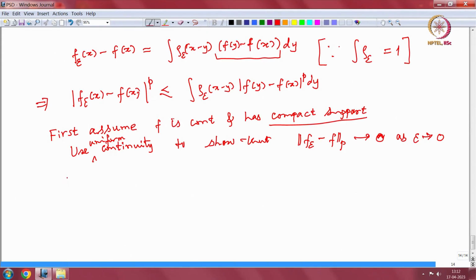The general case follows from density arguments.